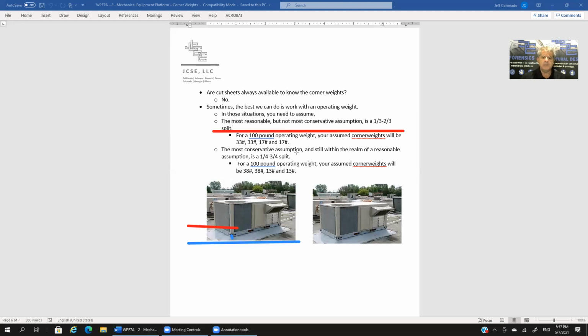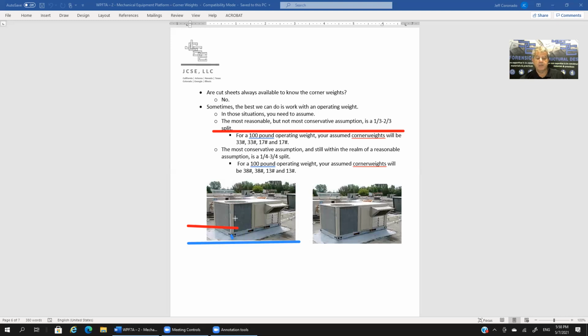Now, a more conservative assumption, which is still within the realm of a reasonable assumption, is a 1/4, 3/4 split. If we take a 1/4, 3/4 split, in other words, the center of mass is 75% off the edge of the unit, for a 100-pound operating weight, then we're going to assume corner weights of 38 pounds and 38 pounds for the heavy side and 13 and 13 for the other side.